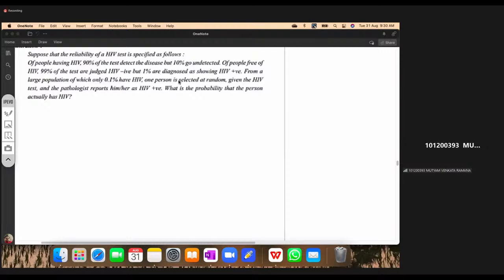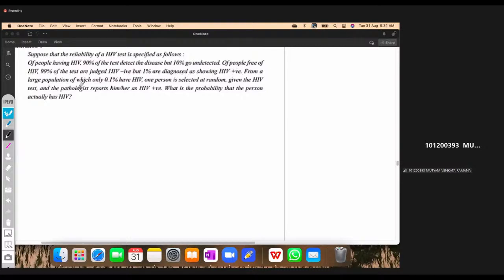Right. Let me explain to you. Suppose that the reliability of an HIV test is specified as follows. Of people having HIV, 90% of tests detect the disease, but 10% go undetected. Of the people free from HIV, 99% of tests judge HIV negative and 1% are diagnosed as HIV positive.